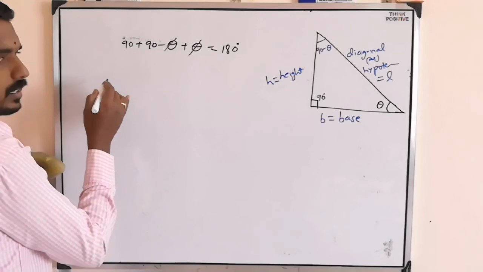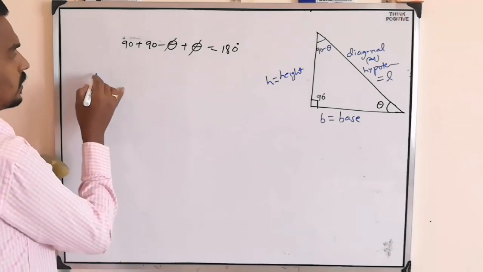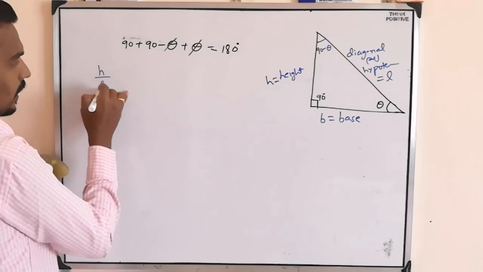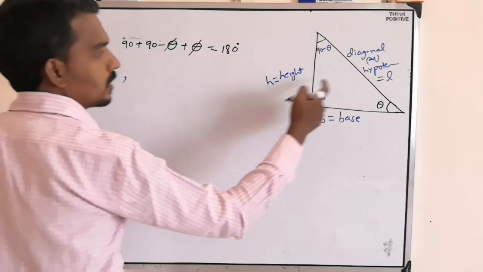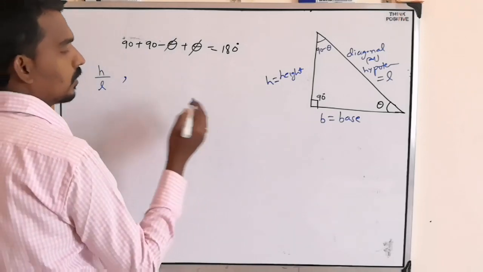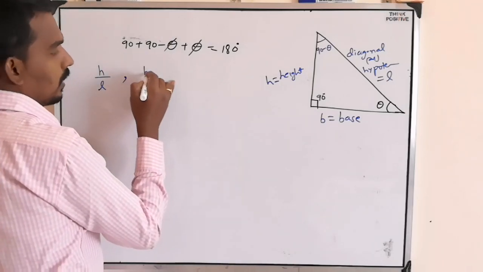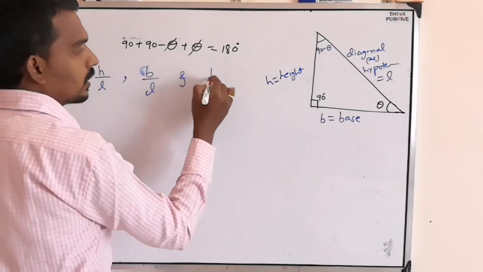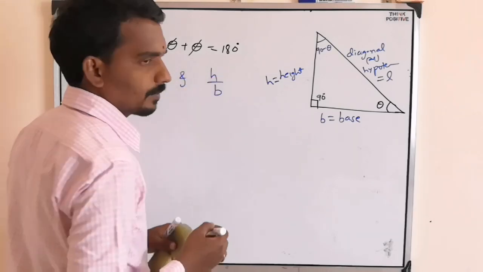Here there are three ratios you will get: one is h by l, another one is b by l, and another one is h by b.